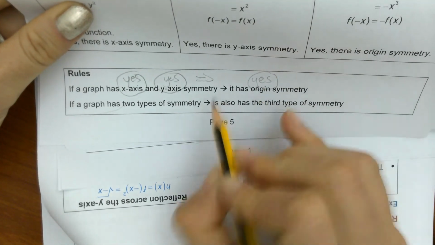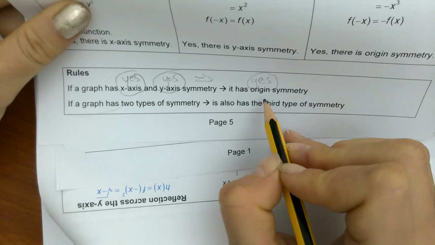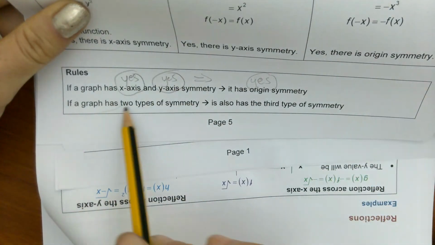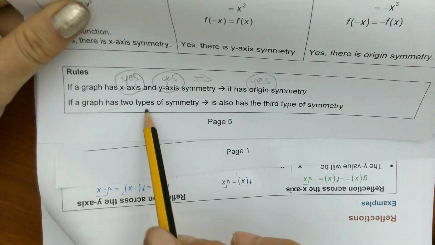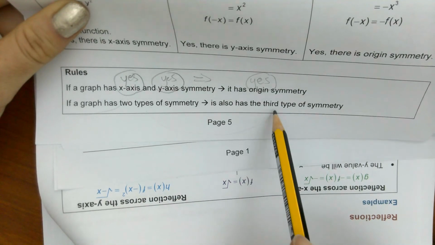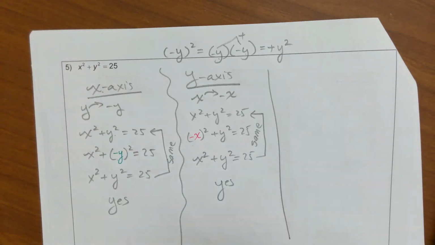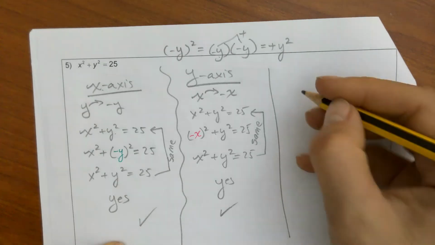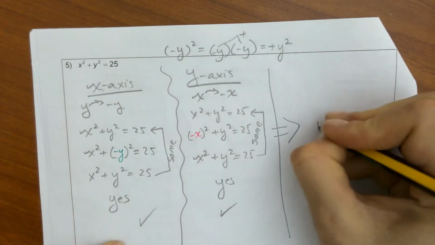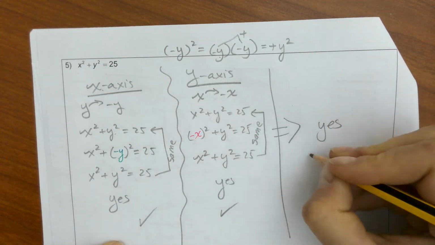You don't have to do more work. So another rule is, if you find two symmetries, automatically it has the third type. So because I have yes, yes, automatically I know yes, origin of symmetry.